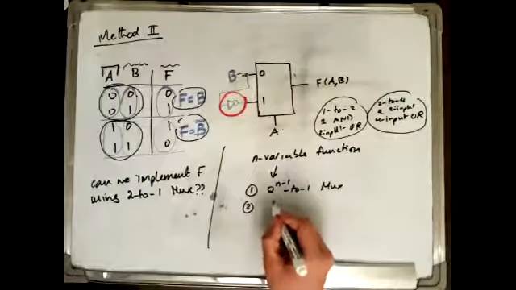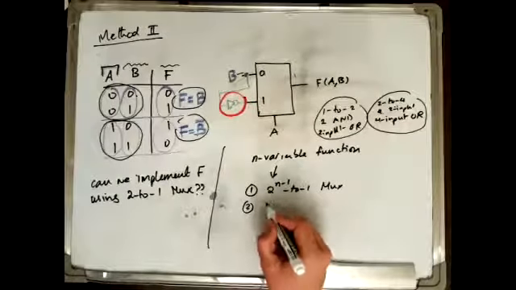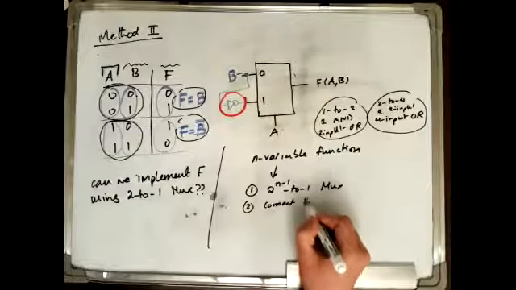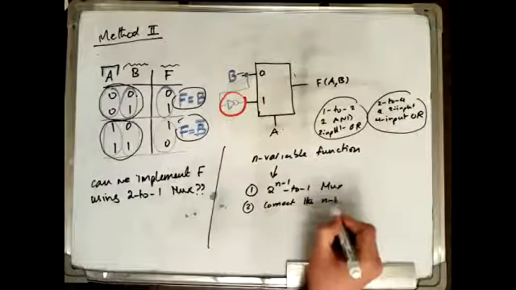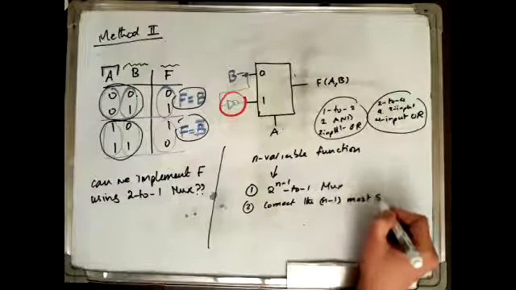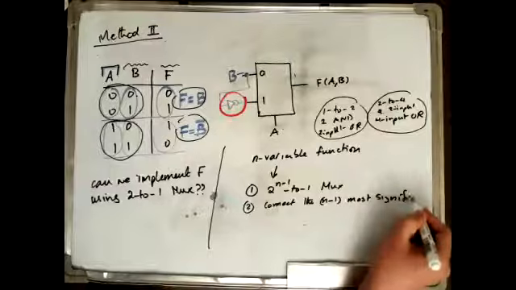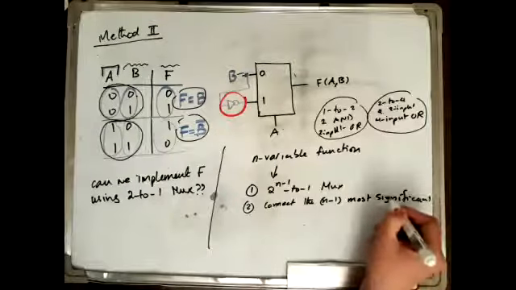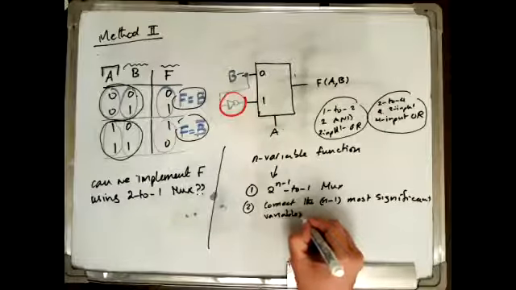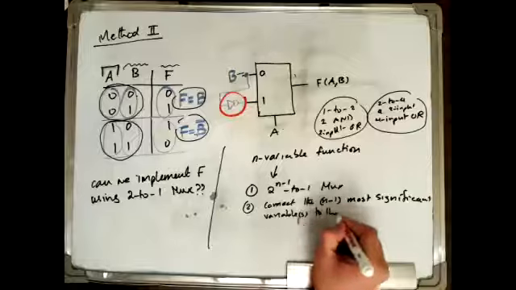Then what did we do? Connect the n minus 1 most significant variables to the select lines.